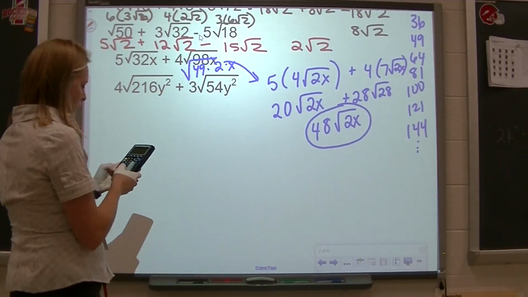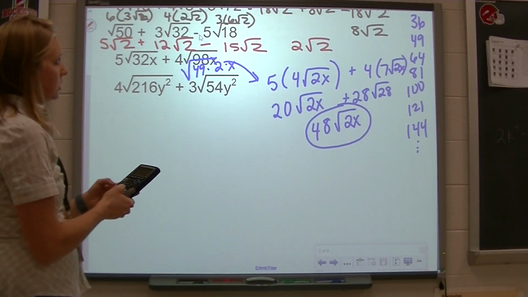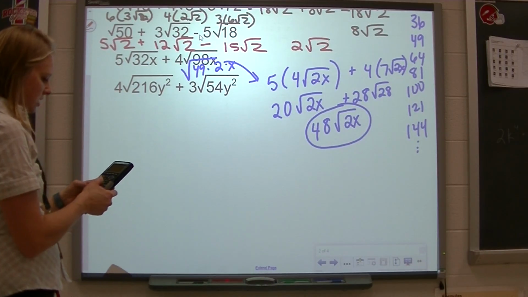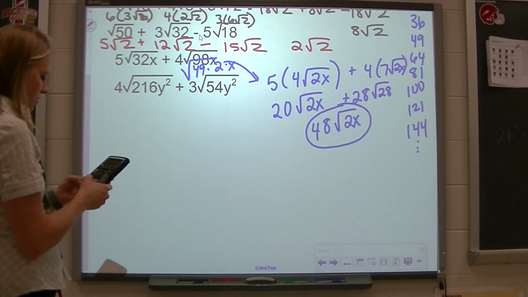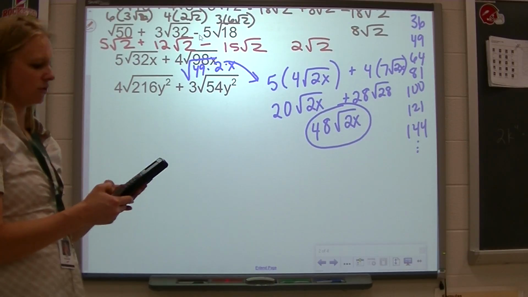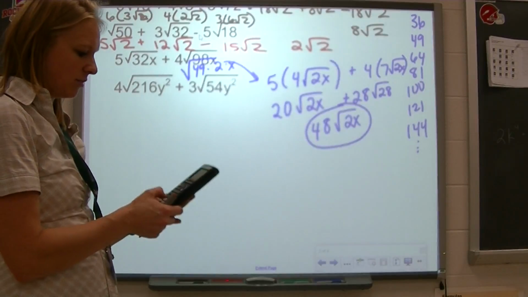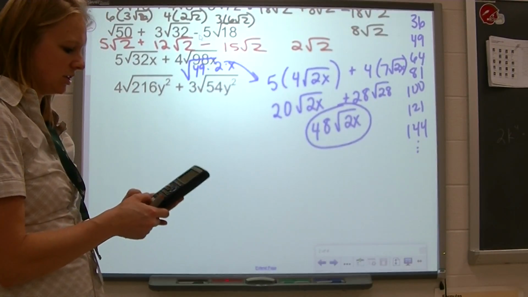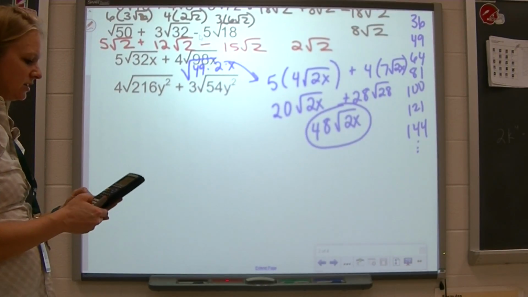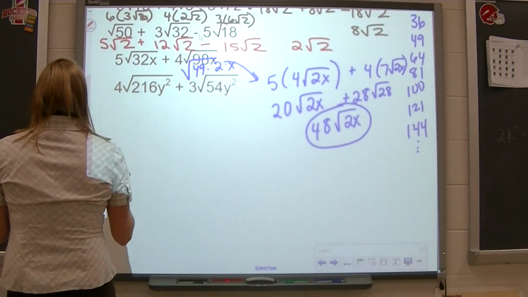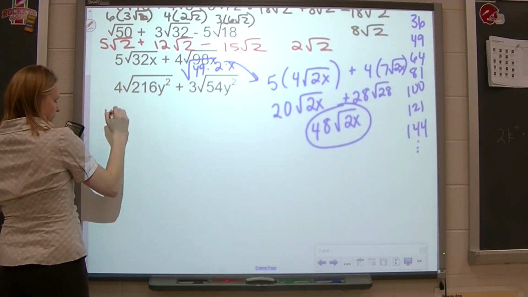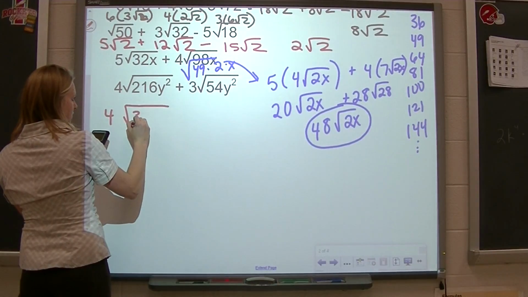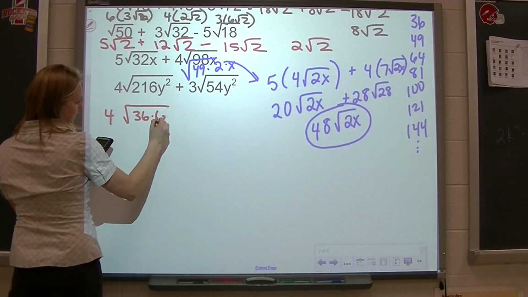I'm going to try 81. 216 divided by 81 doesn't work. 216 divided by 64 doesn't work. 216 divided by 49 doesn't work. 216 divided by 36 does work. So this is 4, and then the square root of 36 times 6.